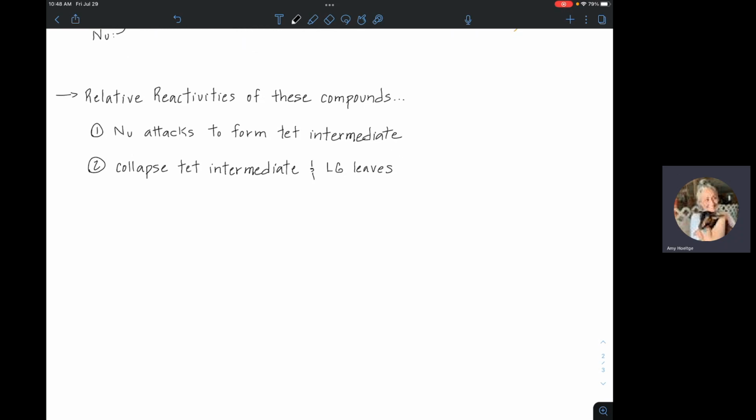The acyl chloride, the leaving group would be chloride, right? And that is not even basic. So it's weaker than an alkoxide, which is pretty on par with a hydroxide.